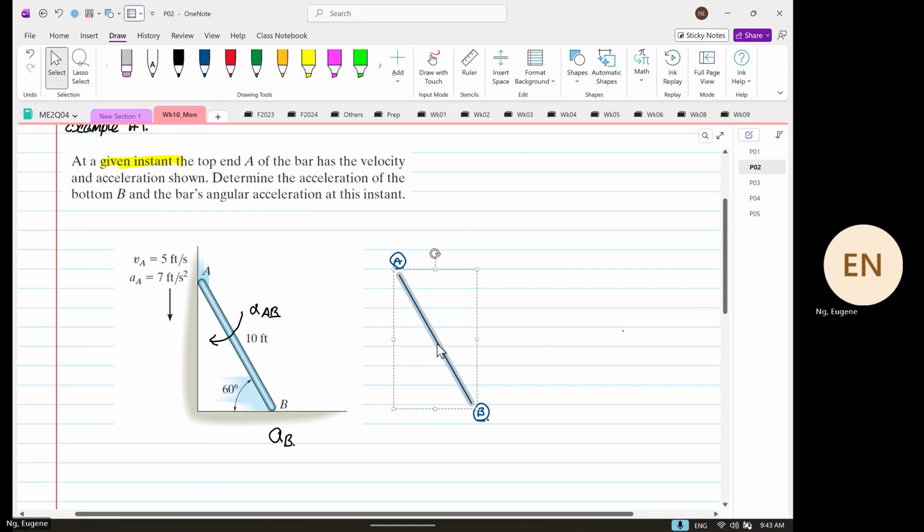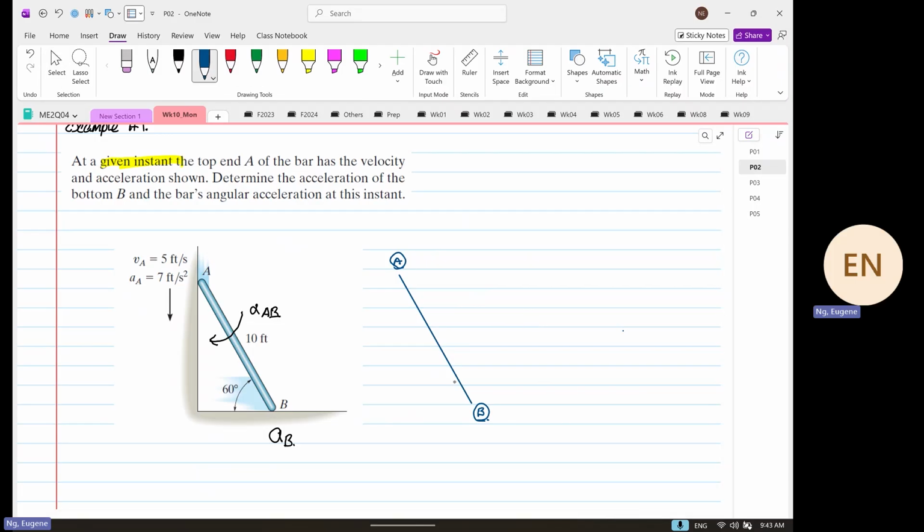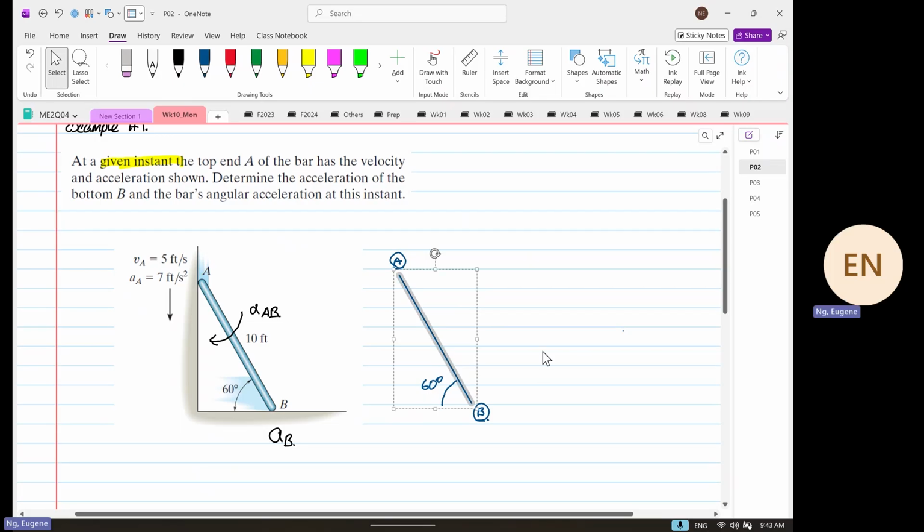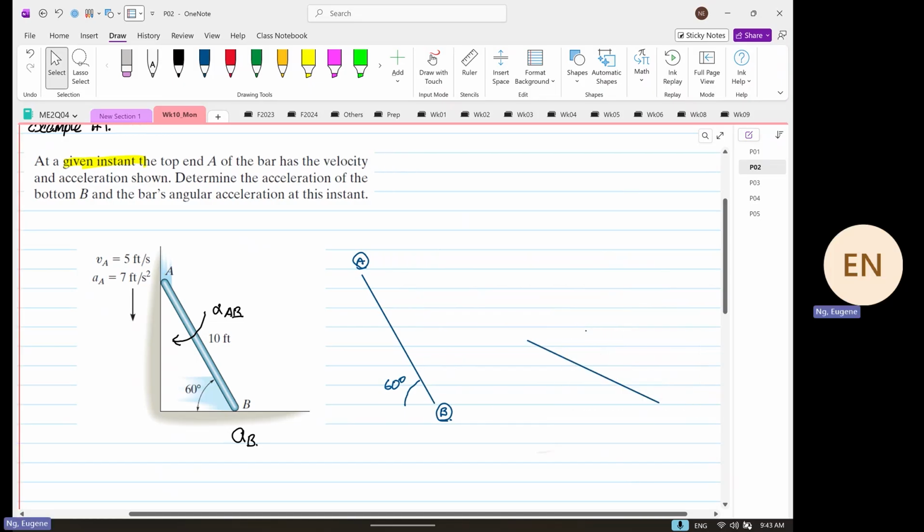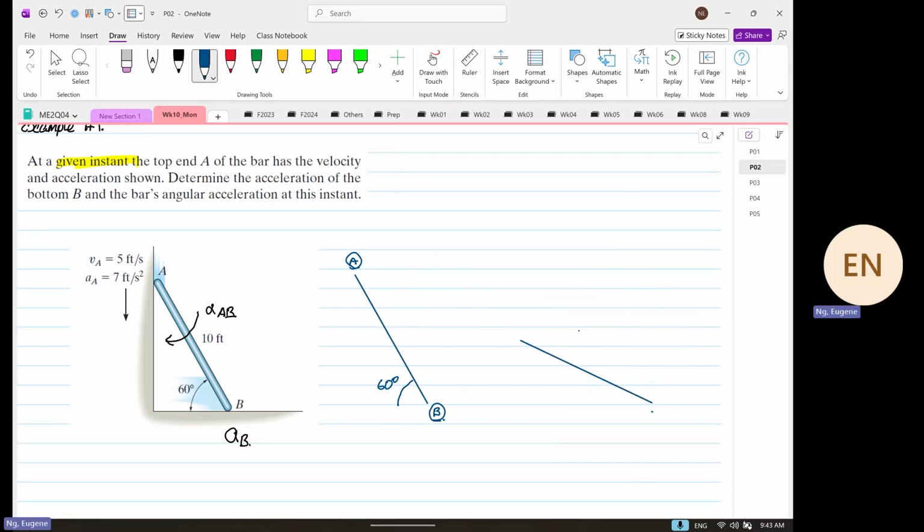When point B moves, I rotate over here, so now this is B prime and this is A prime.